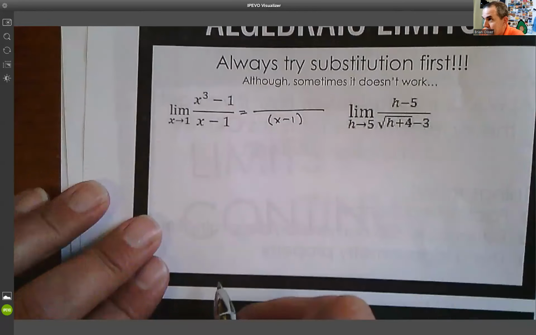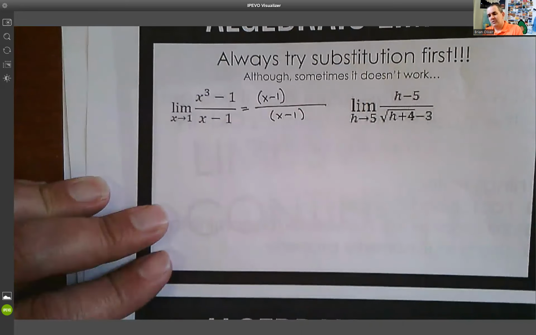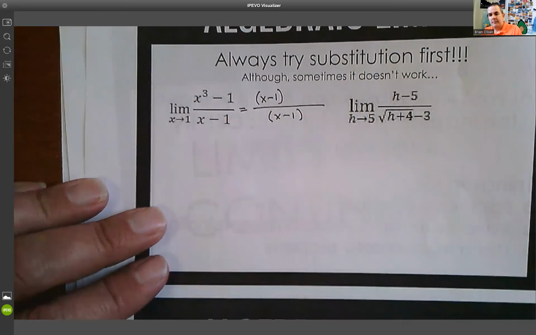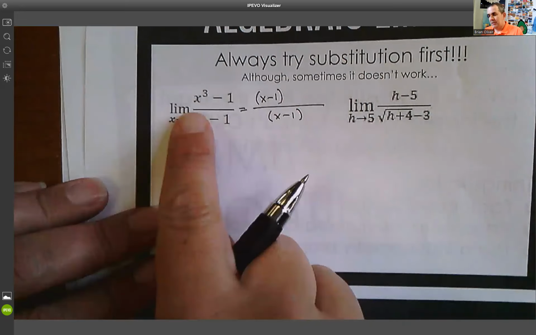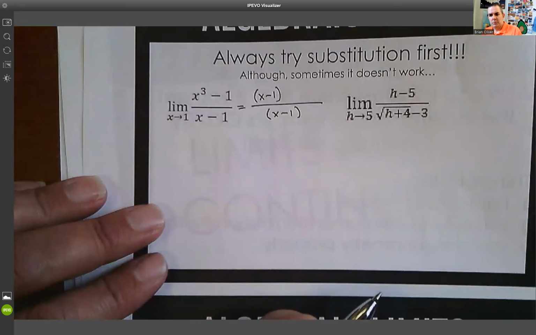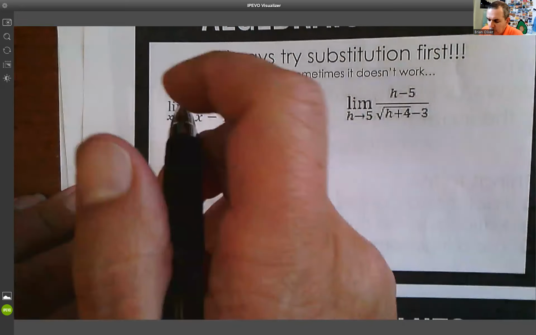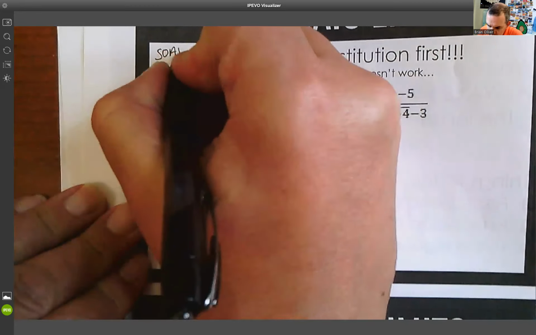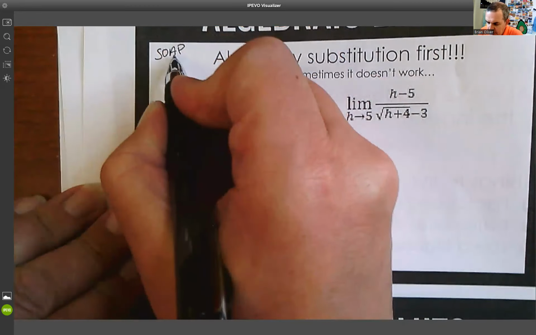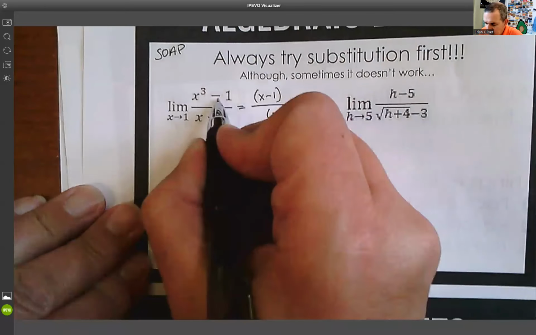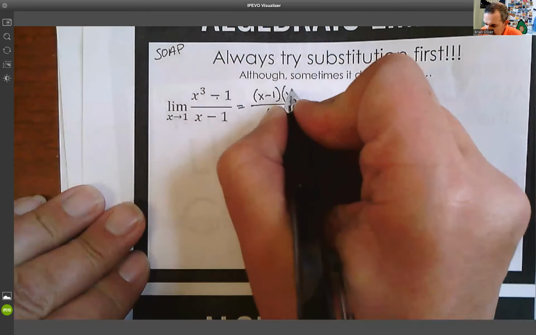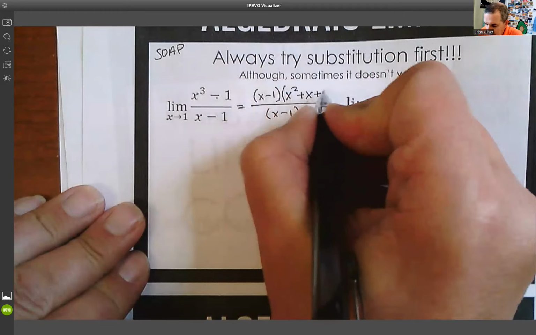Now, I mentioned this in class, and hopefully some of you do remember. There's a trick on cubics on how to do it when you have this kind of perfect cube trinomial. It's SOAP: same, opposite, always positive. So same sign, opposite sign, always positive.